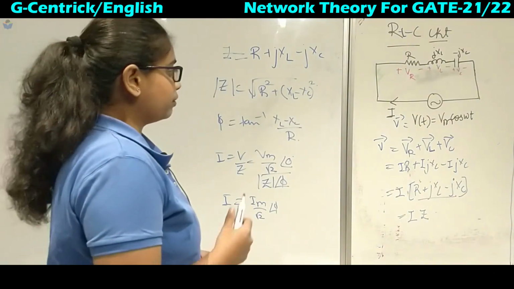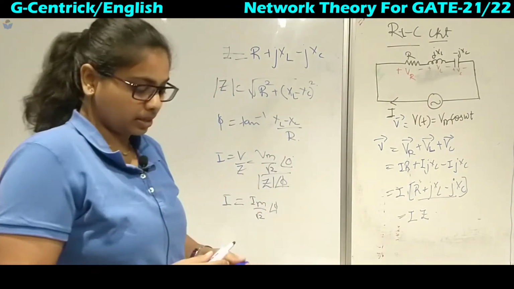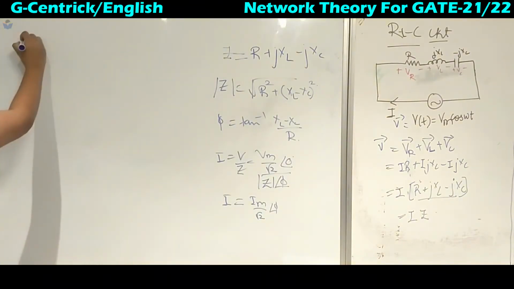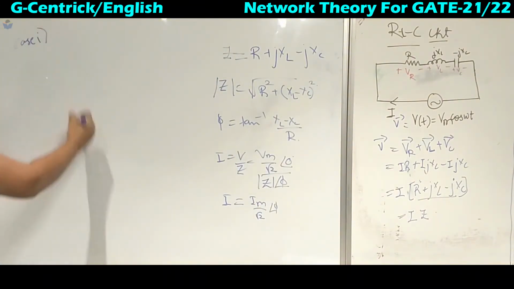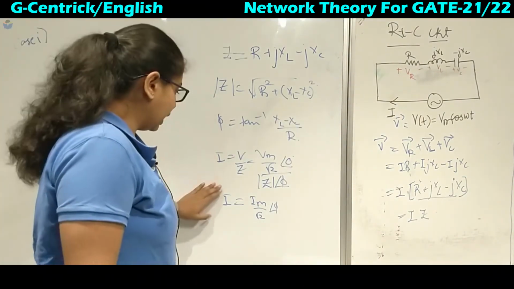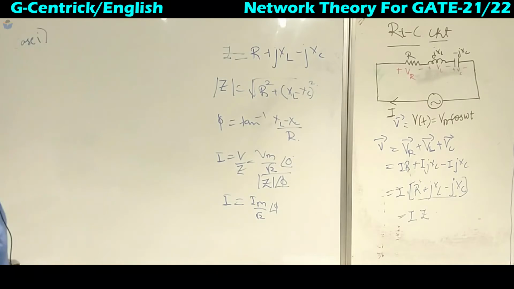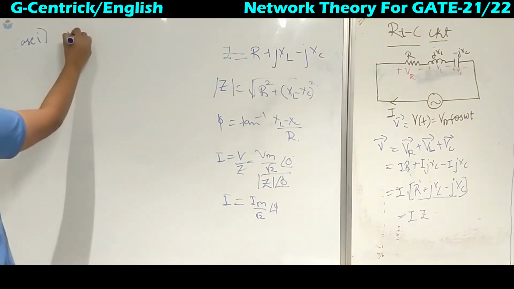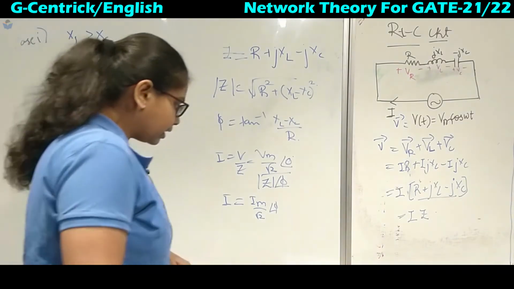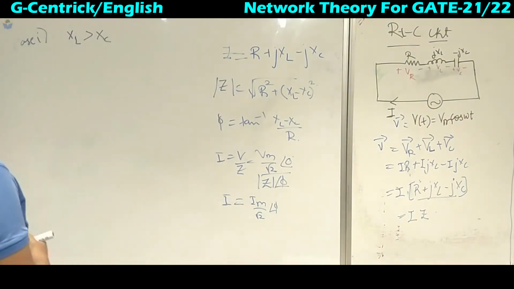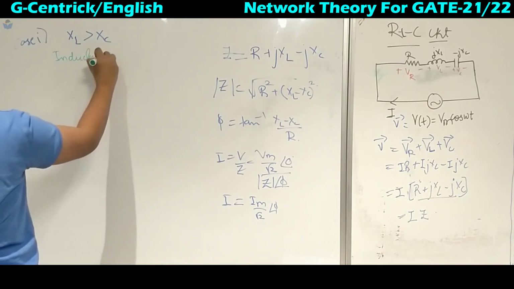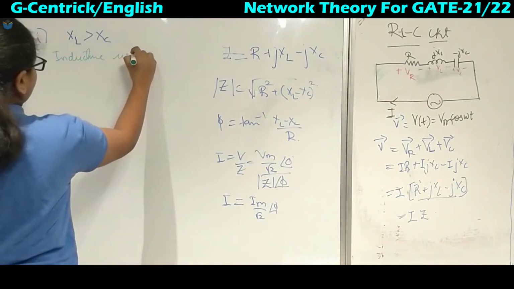One by one we will take case 1, case 2 and case 3 and see what we get for the impedance, the angle phi and the current. The first case is, let us take XL greater than XC. When XL is greater than XC, this becomes an inductive circuit.